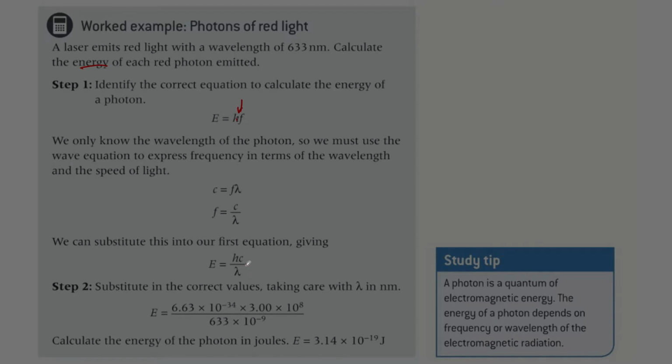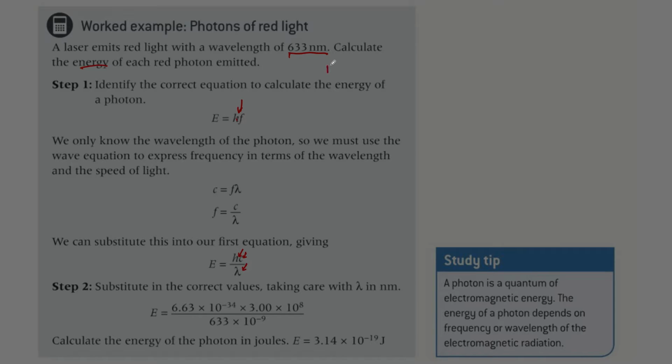So we know the wavelength of the wave, it tells us that in the question. We can look up Planck's constant. c is the speed of light. We can also look that up on our equation sheet. So we do our Planck's constant, 6.63 times 10 to the minus 34, times c, which is 3 times 10 to the 8. The only thing we need to be cautious about is this wavelength is given in nanometers.